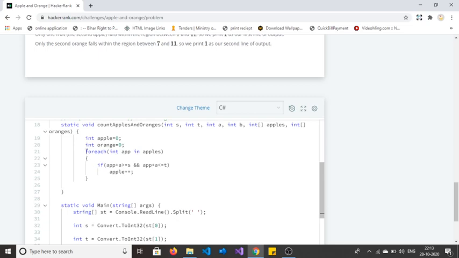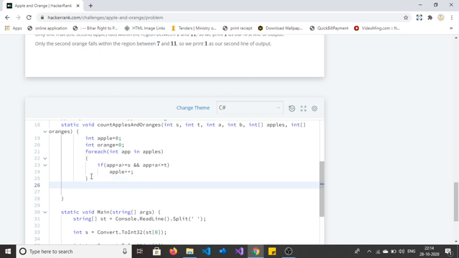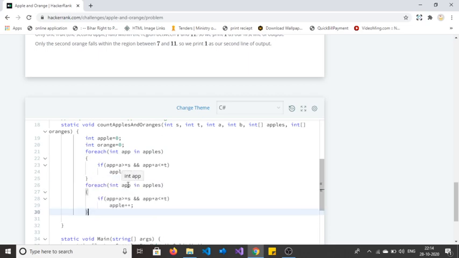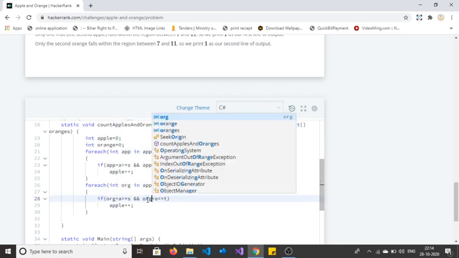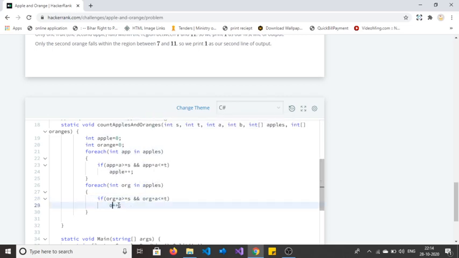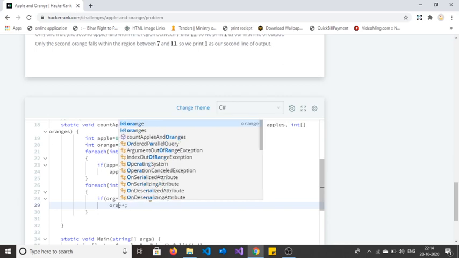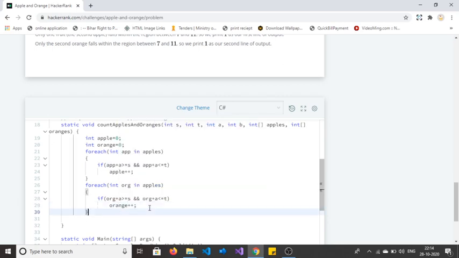I need to write similar code, so I am going to copy and paste to save some time. Org for orange, org and orange. Similarly, I am checking for the orange.